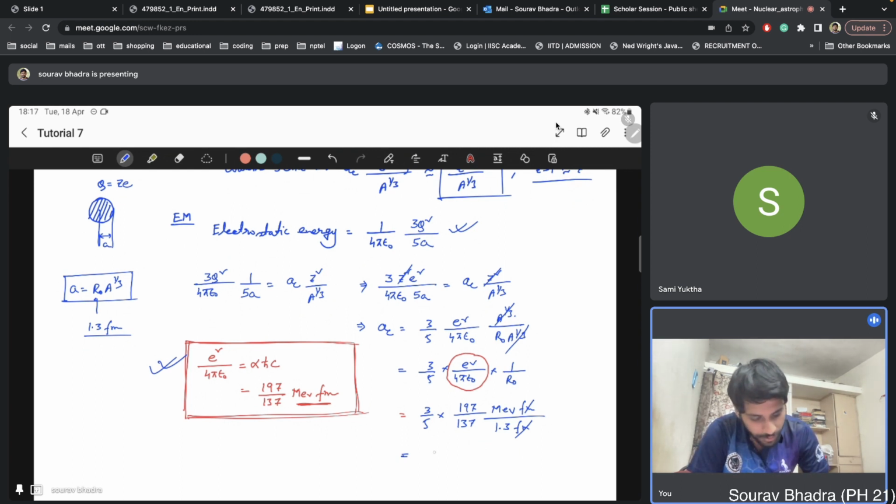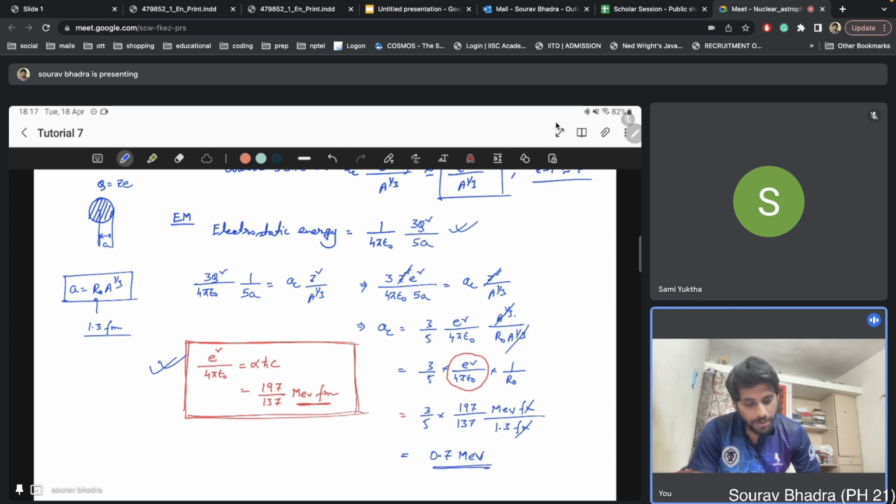So if you do it, you will get 0.7 MeV, which if you see in any book, is close to this value, that AC, with some approximation we have calculated, as 0.7 MeV, okay. So this is the result.